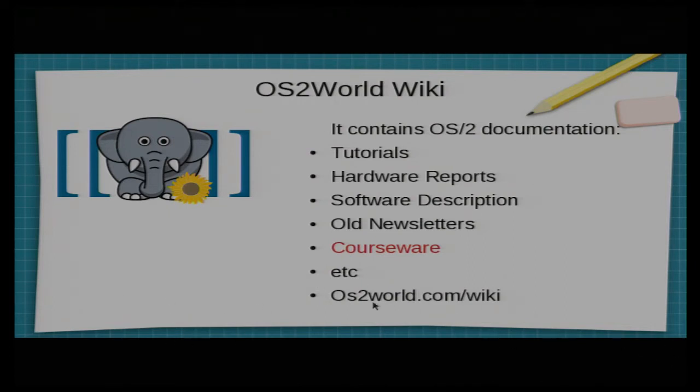Courseware is the material that IBM used to handle in the official training. I put that in red because I'm still looking for more courseware. I requested permission from IBM to release that to the public, and they have given me permission.